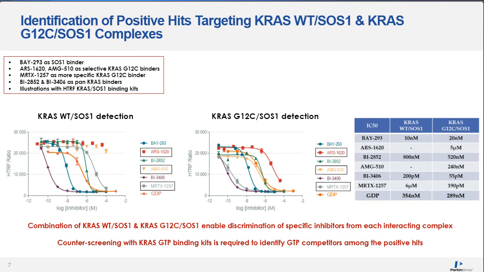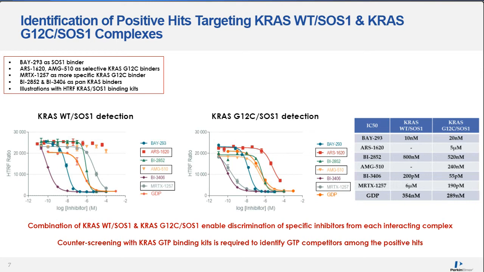As shown on the slide, the same experiments were also performed with GDP as competitor nucleotide of the GTP, in order to illustrate the applicability of the KRAS SOS1 binding kits to also identify some compounds that are actually GTP competitors as positive hits by disturbing the binding of GTP on KRAS, which is required for the detection of the interaction with SOS1 in this biochemical context.